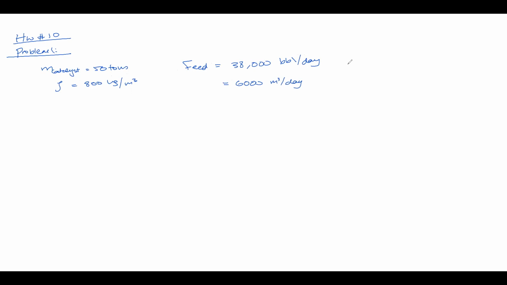And the density of this feed is 900 kilograms per meter cubed. And you're being told it's cracked so that you crack the long chain hydrocarbons into shorter hydrocarbons, and you're given a bunch of equations, and you're being told that 60% of the vaporized feed is cracked in the unit.